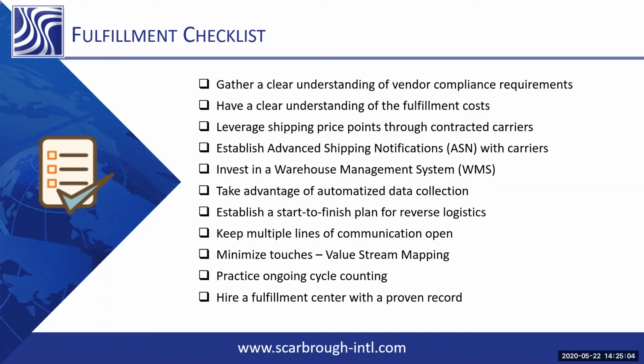The next point, practicing ongoing cycle counting. So we talked about the whole inventory control. Cycle counting is a provision of inventory control. What cycle counting is, is counting the amount of inventory that you have on hand physically versus the systematic count that your warehouse management system has.